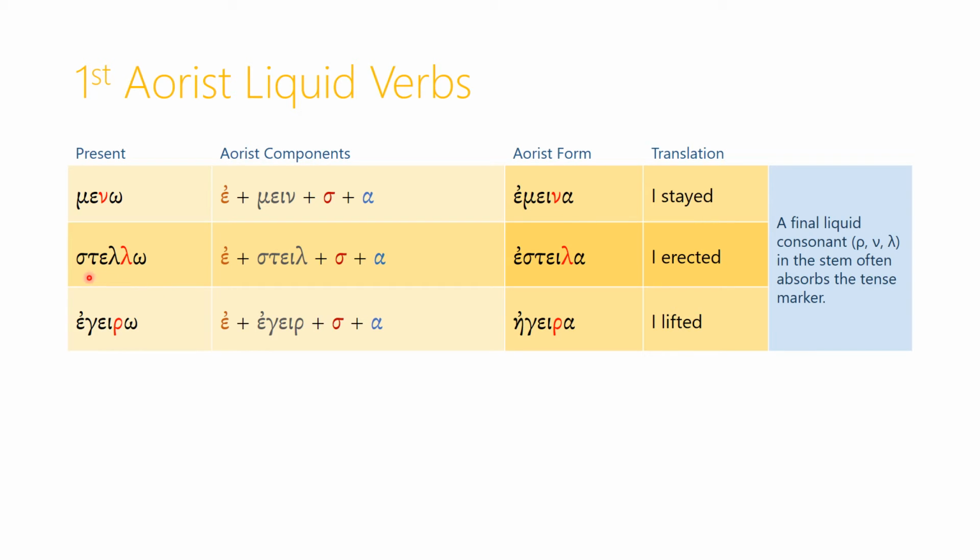Similarly, stello uses the aorist stem stel, and when we add the sigma on after that lambda, the sigma is completely absorbed, and we end up with the first aorist form estela, I erected, I stood up. Finally, with agero, when we add the stem ager with the final rho on the end of the stem to the sigma tense marker, the sigma tense marker is absorbed by the liquid consonant, and we have just agera instead of agersa. And agera means I lifted.